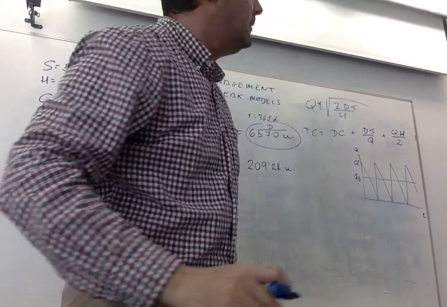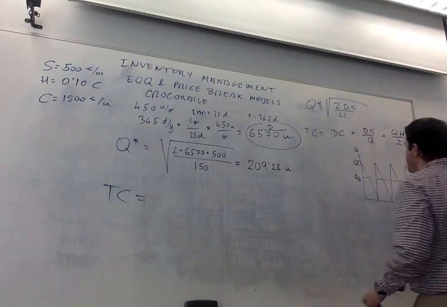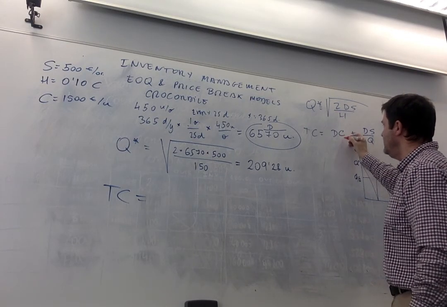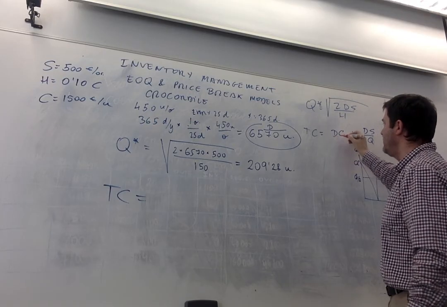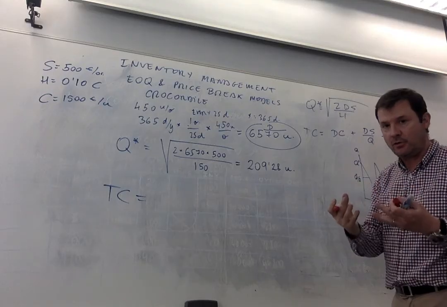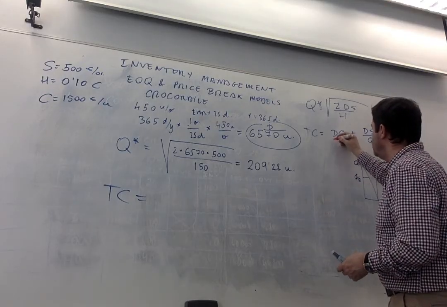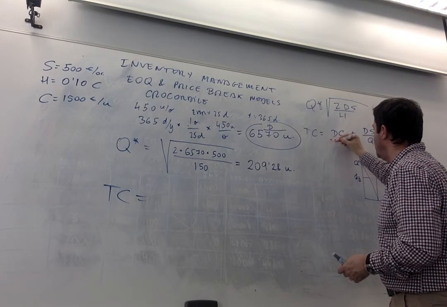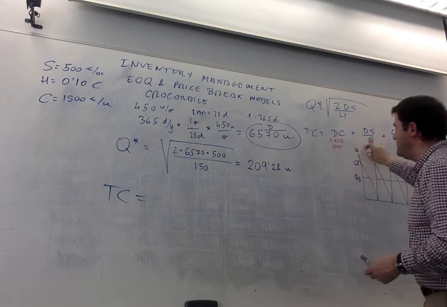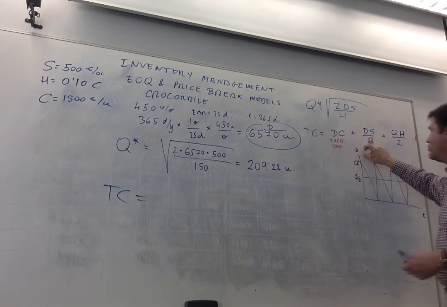Okay, this equation. But you must know what is the meaning of this equation. D multiplied by C, so the demand multiplied by the acquisition cost, is the total acquisition cost. What is this? This is the total ordering cost.